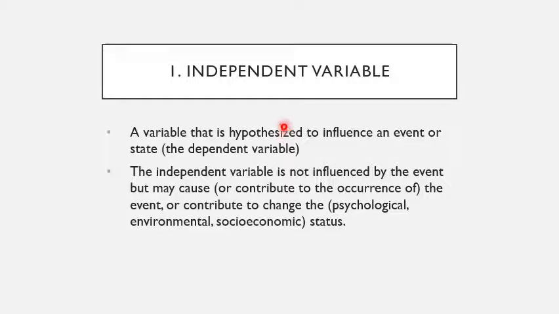Independent variable is a variable that is hypothesized to influence an event or state, the dependent variable. The independent variable is not influenced by the event, but may cause or contribute to the occurrence of the event or contribute to the change of the dependent status.